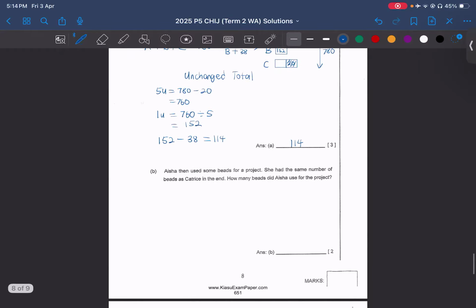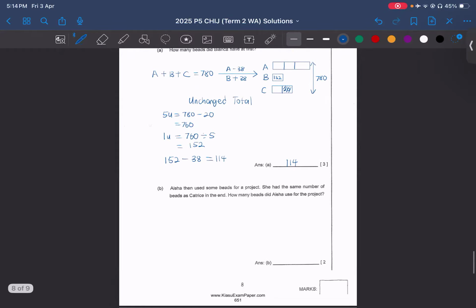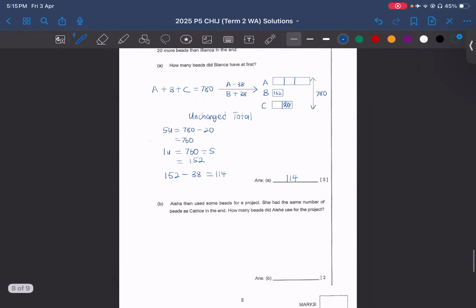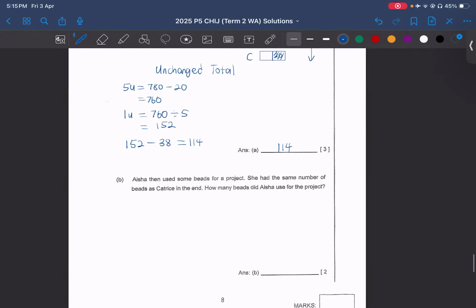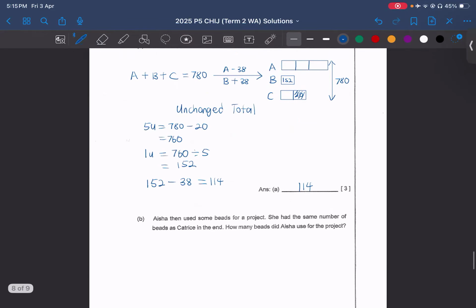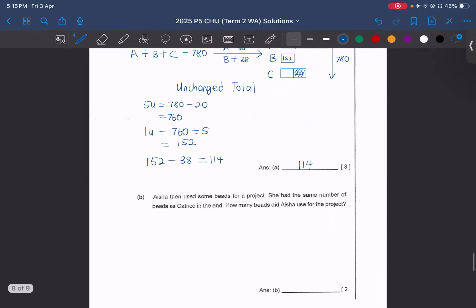Okay, next for question B, Aisha then used some beats for a project. She had the same number of beats as Catrice in the end. How many beats did Aisha use for the project? For this question, we first have to work out how many beats Aisha has and how many beats Catrice has.